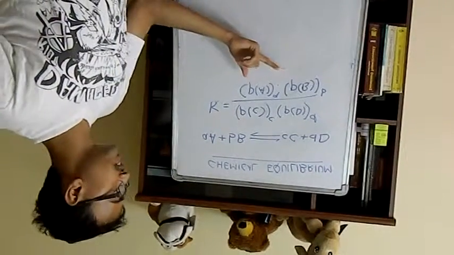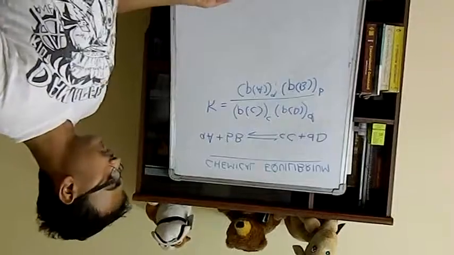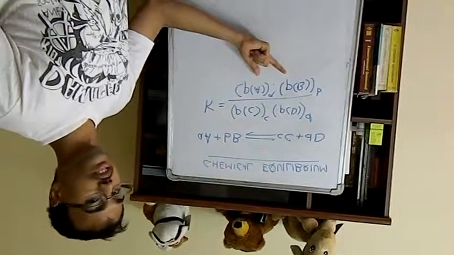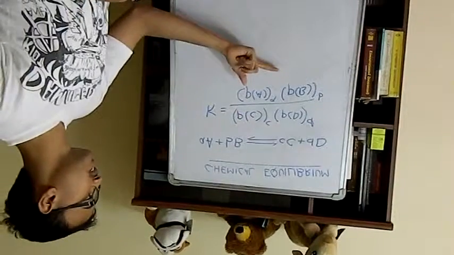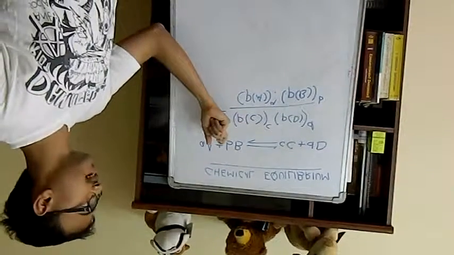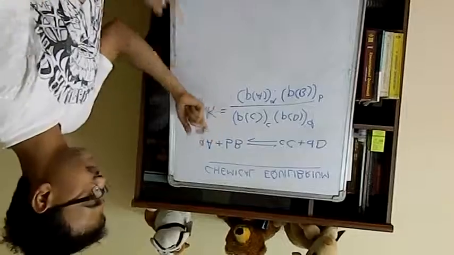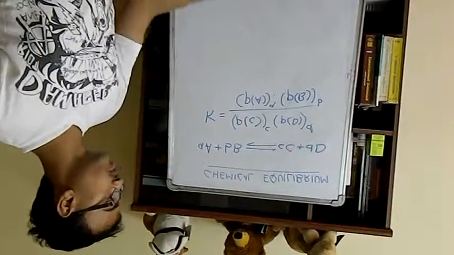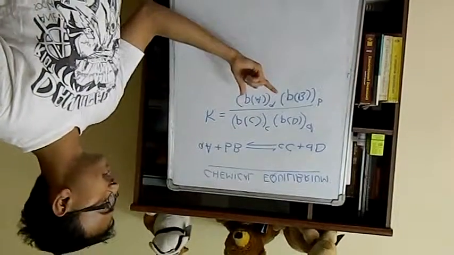You might have seen this formula, but I have given an intuitive way of why this value is a constant. You can write down the mechanism of this reaction consisting of its elementary steps and multiply the equilibrium constants for each of those elementary steps. That will be equal to this.